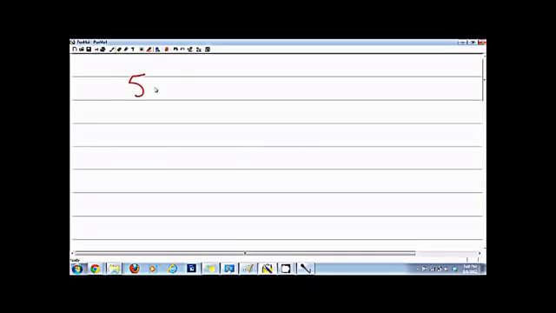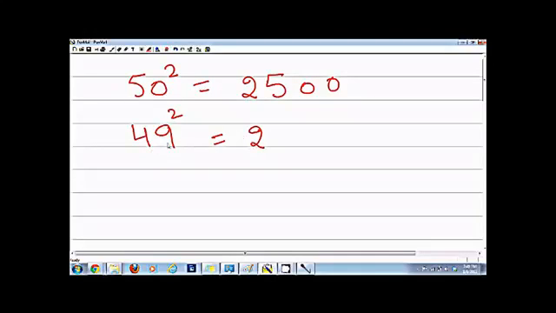So if I have 50 and I want to square it, I will just write 2500. Now if I want to take the square of 49, all I will do is subtract 1 from 25 because 49 is 1 less than 50, so I will say 24 and then write the square of 1, which is 1.